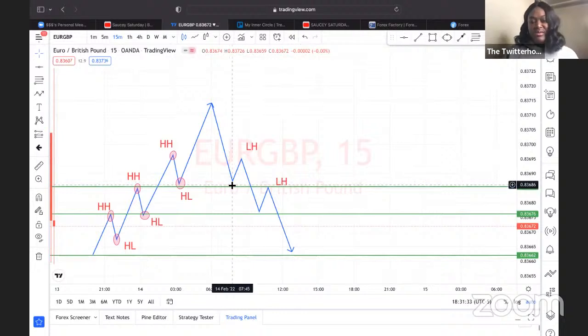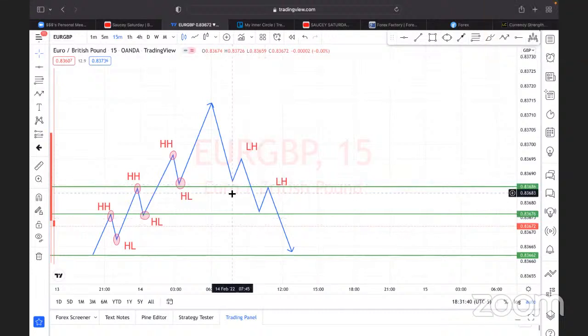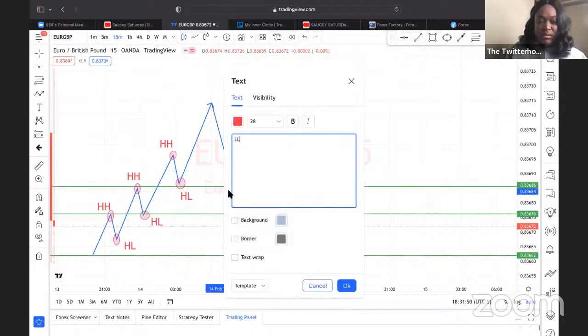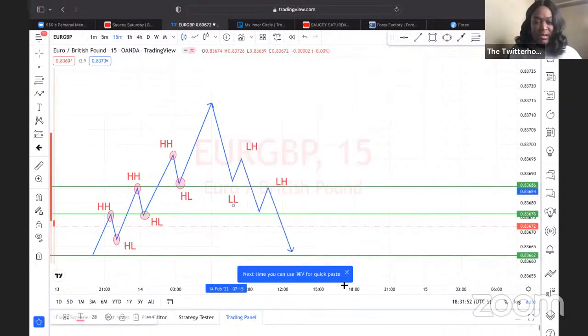And what is this going to be? A lower low, right? Yeah. Okay. So we put that here. Lower low.